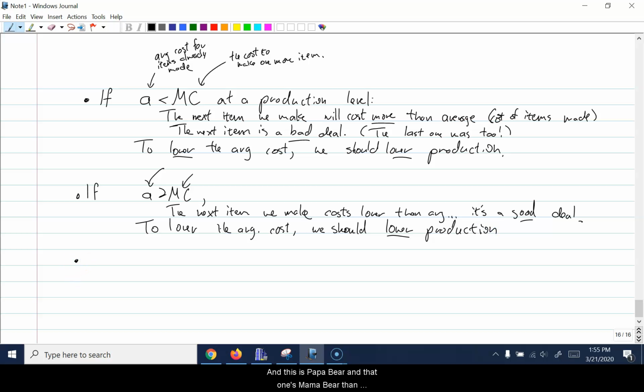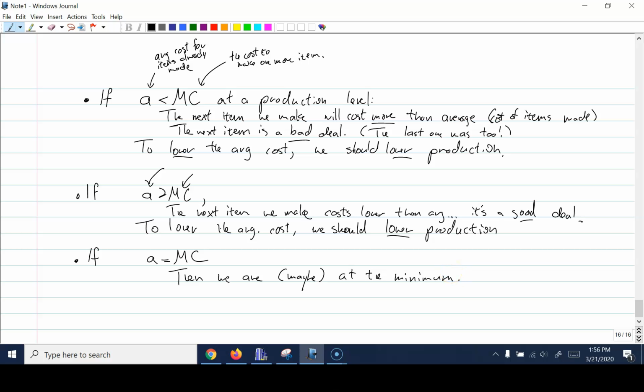And if this is Papa Bear and that one's Mama Bear, then Baby Bear is where it's just right. If the average cost equals the marginal cost, then we might be at a minimum. The implication is actually the other direction, that if you're at a minimum, then it must be a critical point. This is the same deal with a critical point, where this means the thing is a critical point.